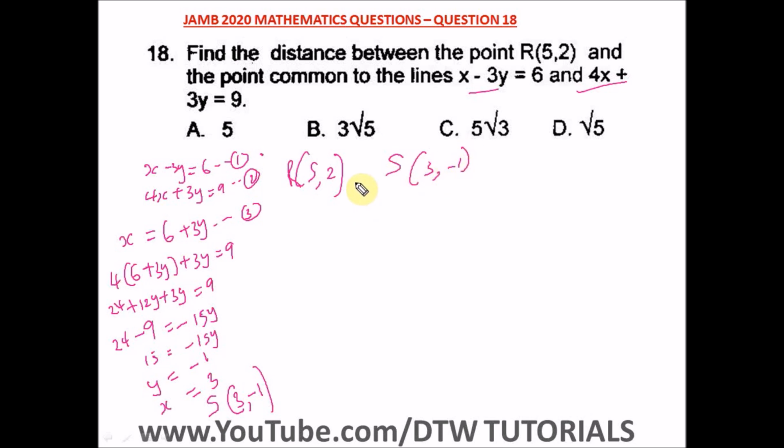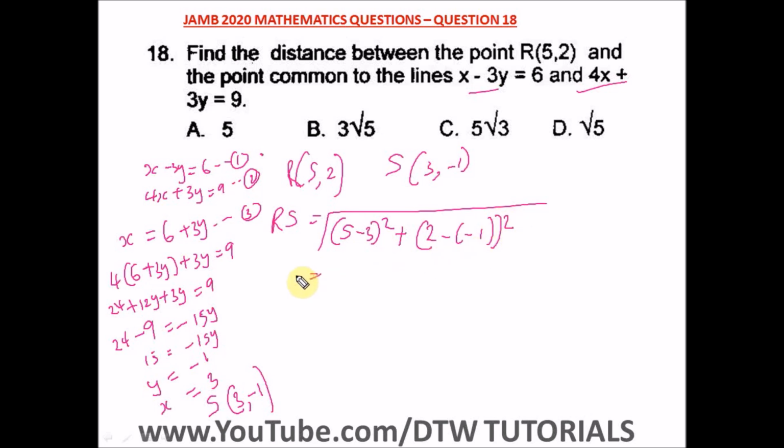So using the formula for distance between the points, we have RS equals the square root of the bracket change in x, which is 5 minus 3, all in square, plus change in y, which is 2 minus 1, bracket all in square.